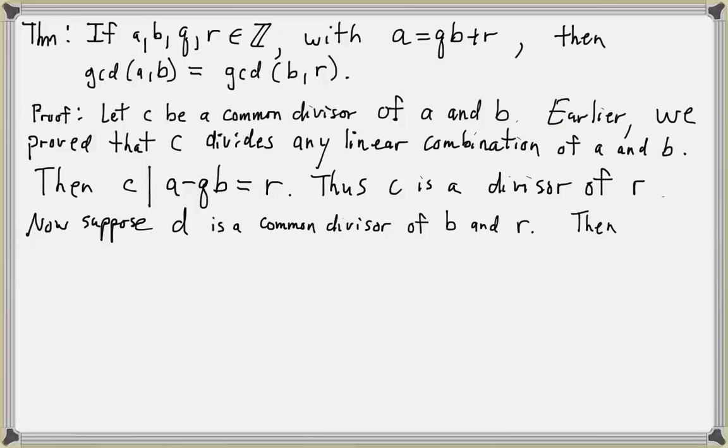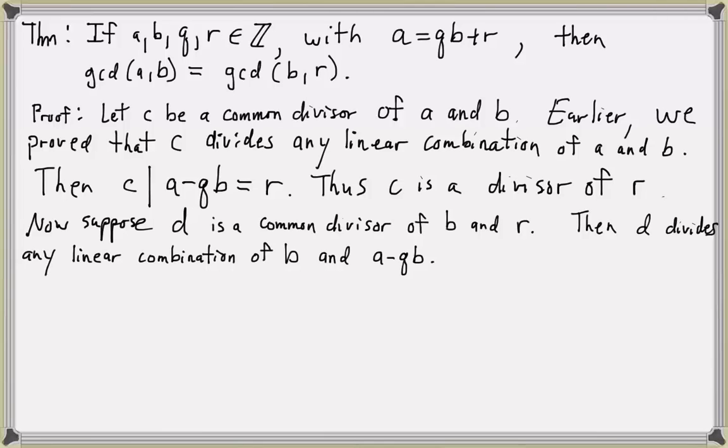So then D divides any linear combination of B and R, but I'm going to write R as A minus QB.